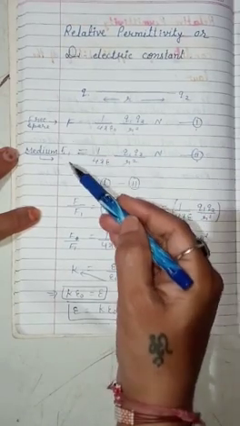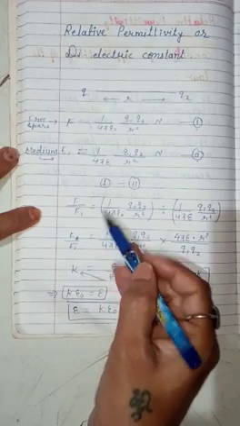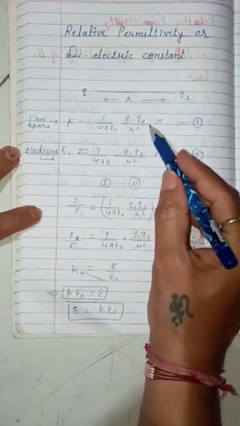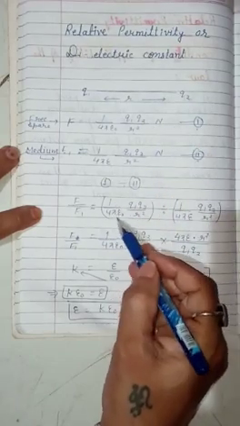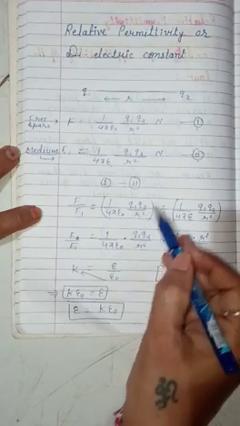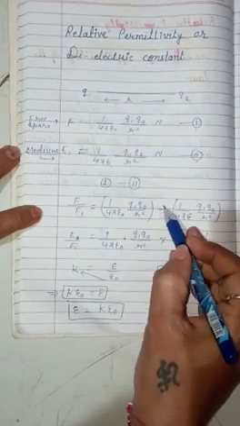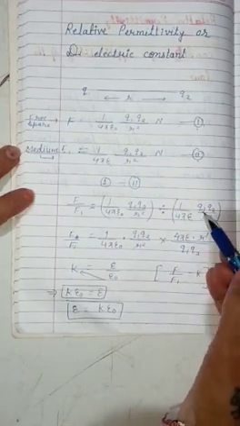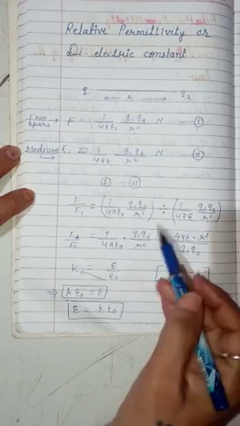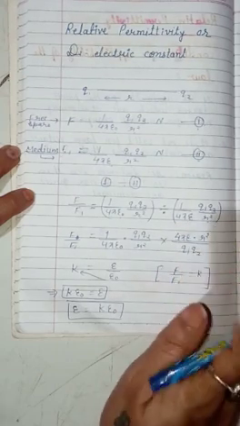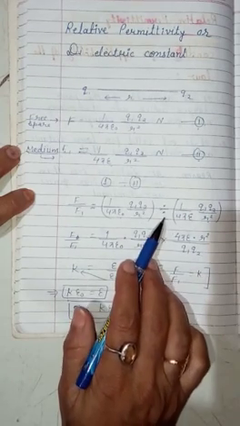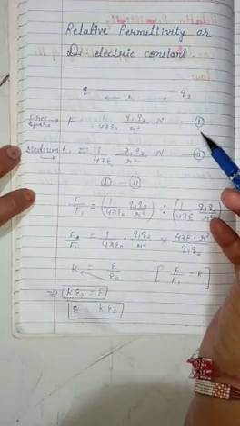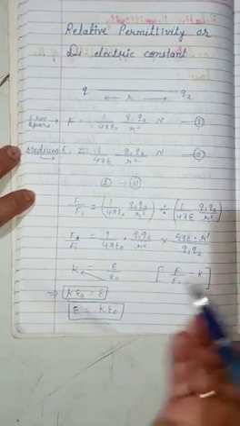So F upon F1 is equal to the right hand side of equation 1 divided by the right hand side of equation 2. We are only writing the sign of division, showing that equation 1 is divided by equation 2.